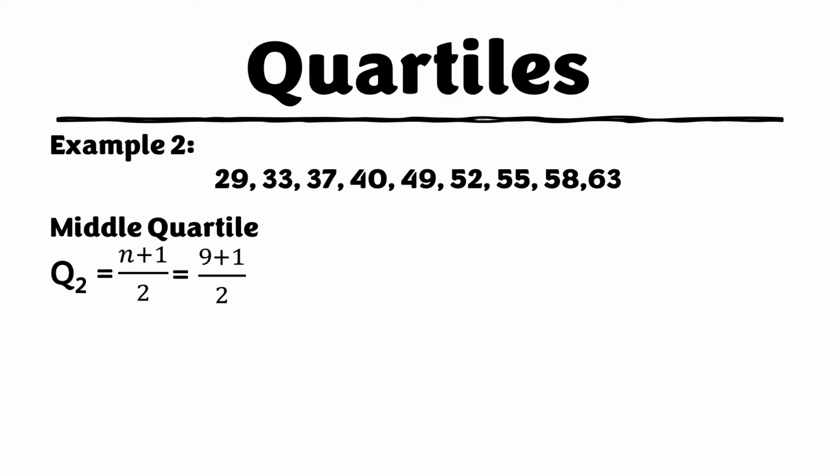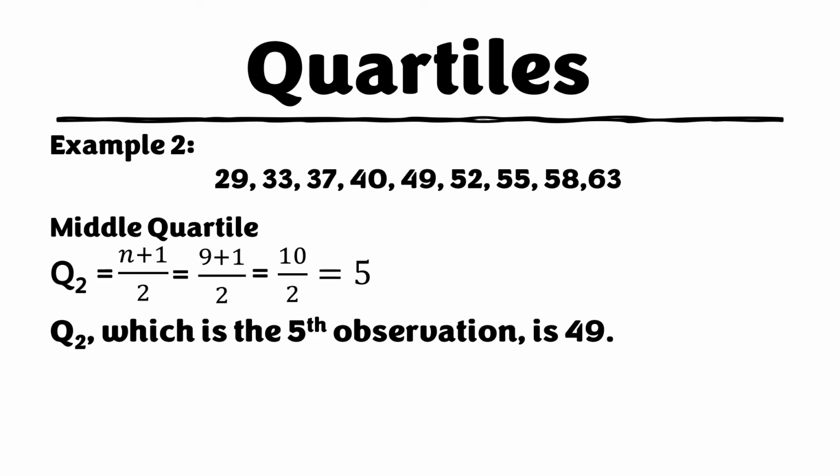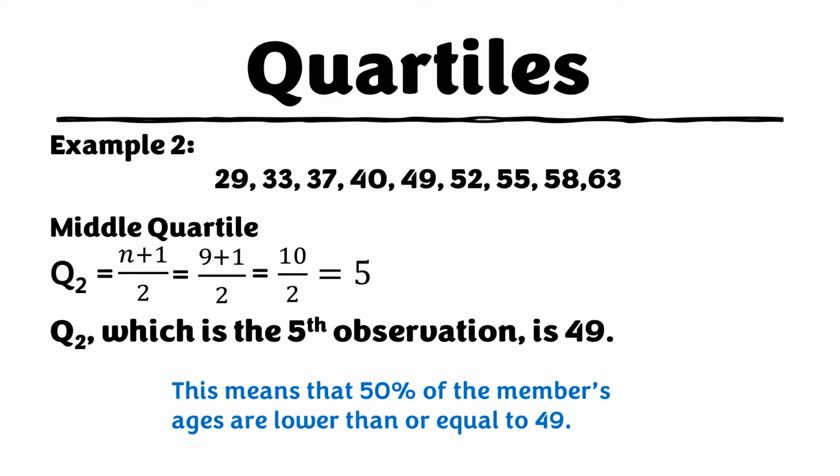So 9 plus 1 is equal to 10, divided by 2 is equal to 5. So Q sub 2 is equal to 5, meaning the middle quartile is the fifth observation in the given data, which is 49. So Q sub 2 is 49. This means that 50% of the members' ages are lower than or equal to 49.